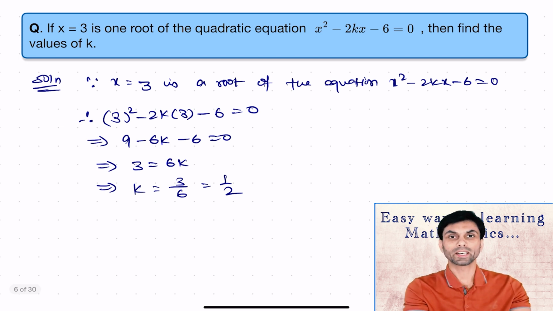So this is how we can find out the value of the unknown if the root of the equation is given.